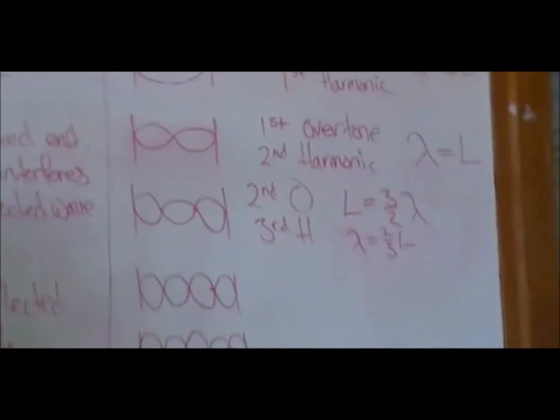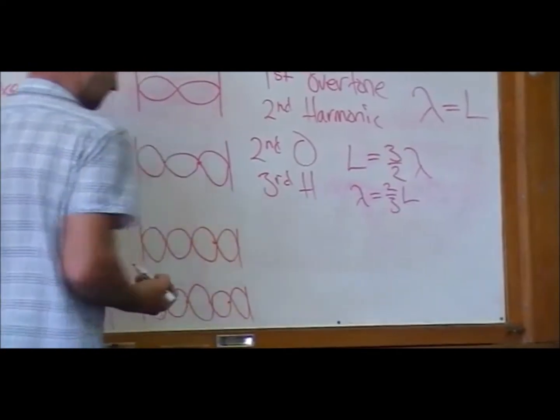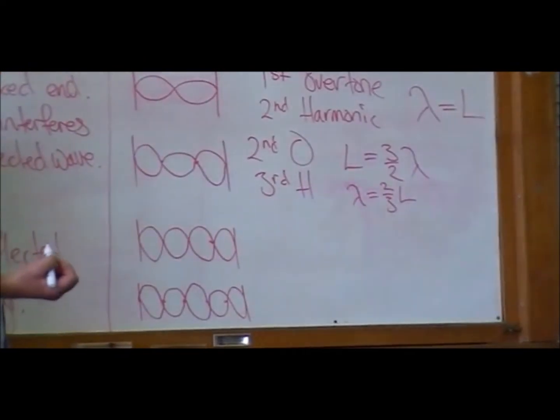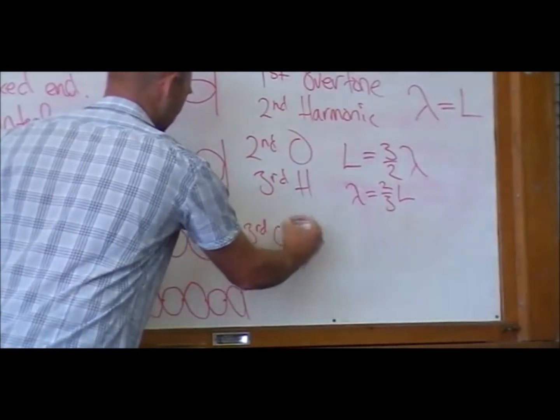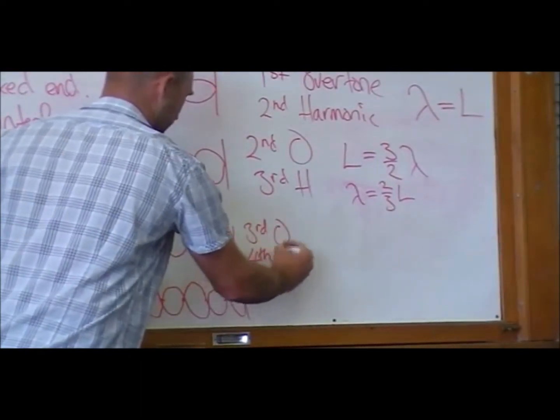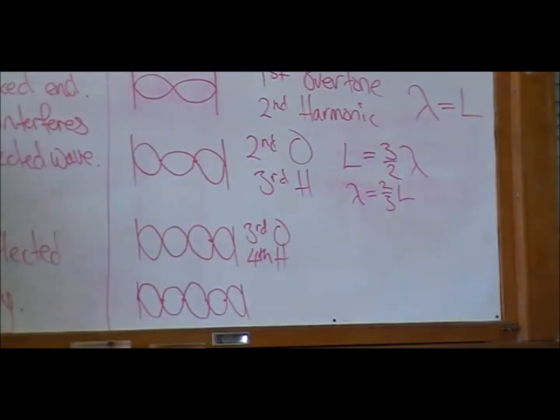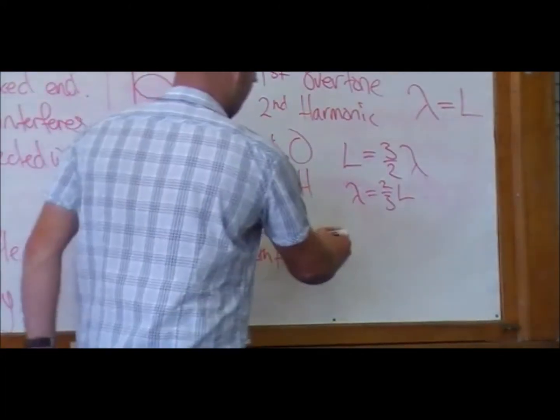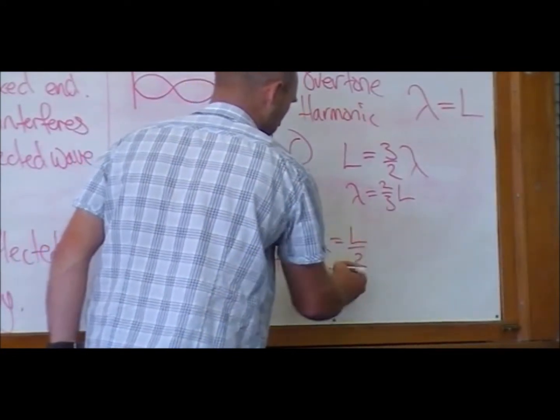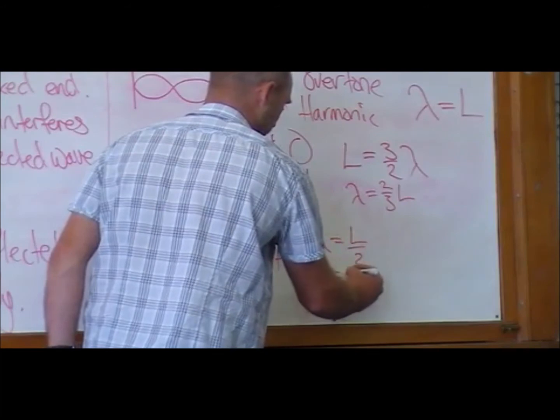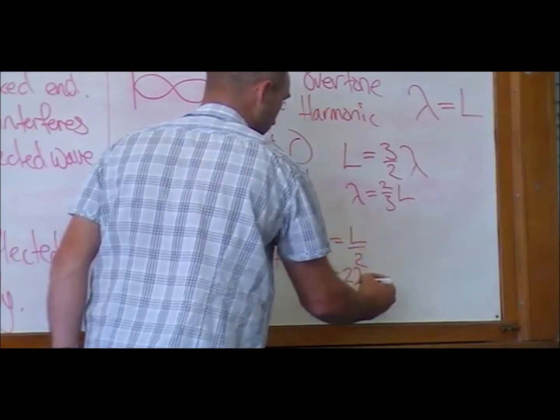What about this one? Third overtone, fourth harmonic. How does the string length compare to the wavelength? So the wavelength is the string length over 2, or the string length is 2 times the wavelength.